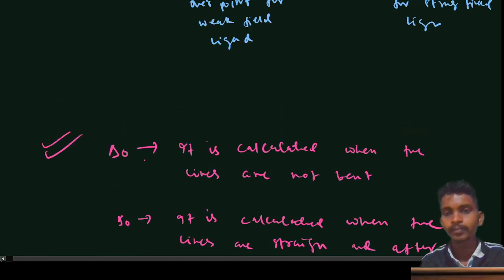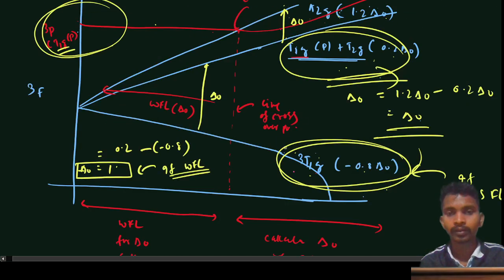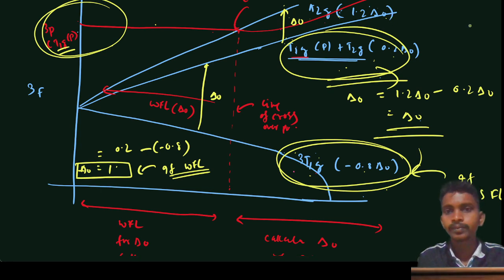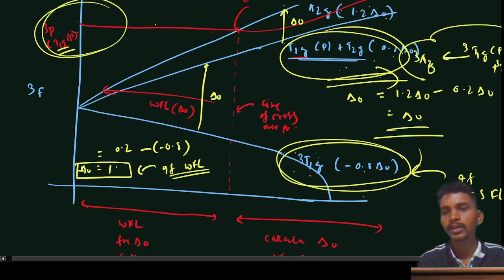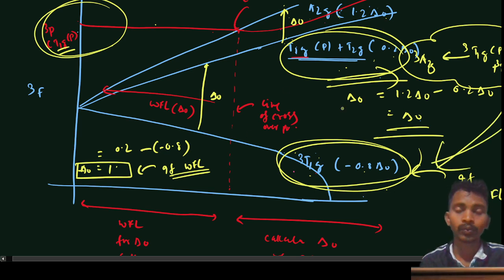Here the transitions are from here to here: this one is A2G to T1G, T2G plus T1G, and 3A2G. These are the transitions. We will do more so that it becomes clear.